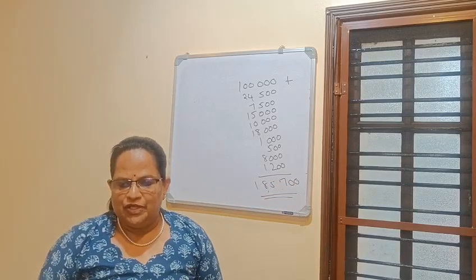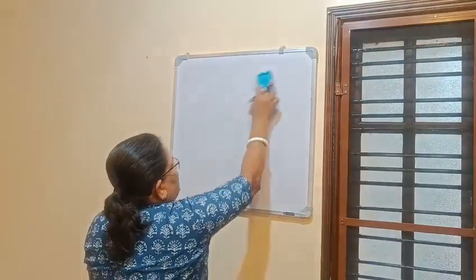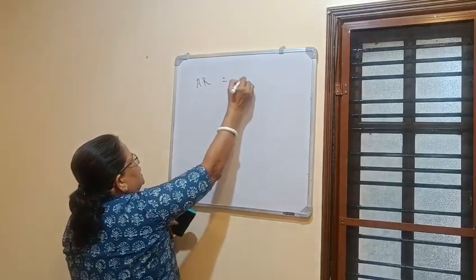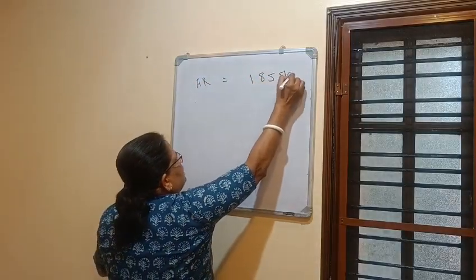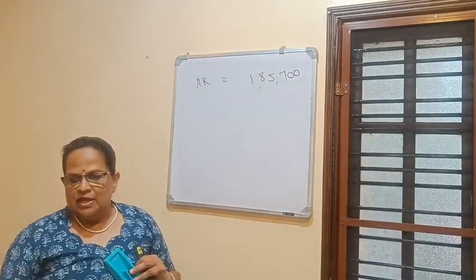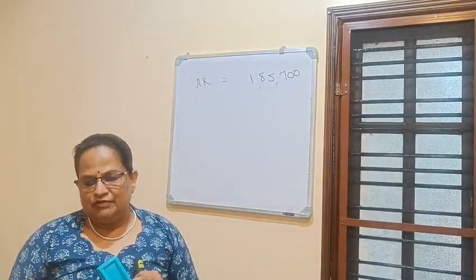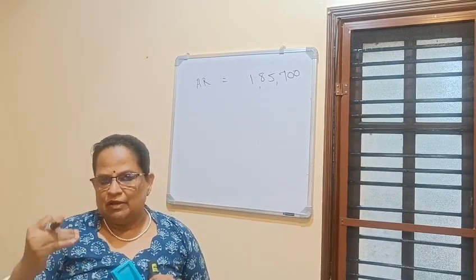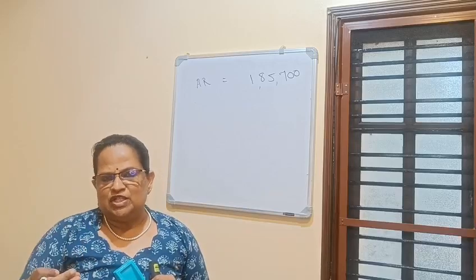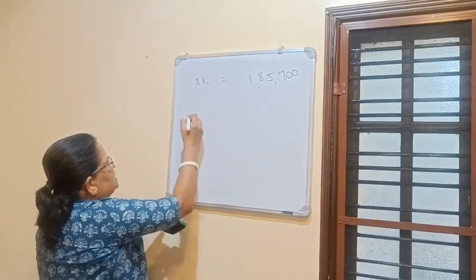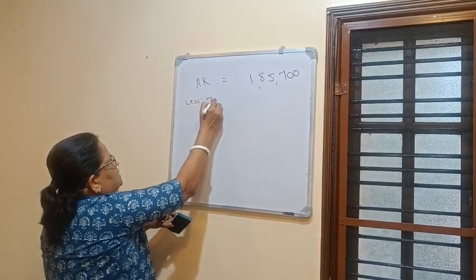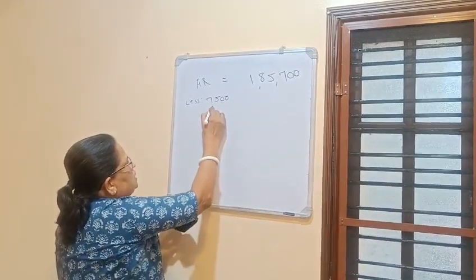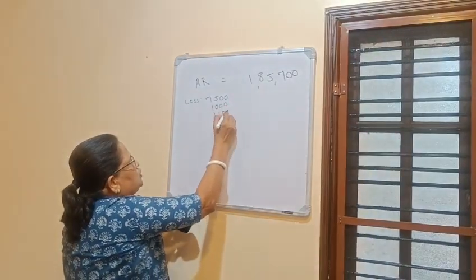Now we have to calculate the rent received from this property. So actual rent is 1,85,700. Next, the municipal value is given as 1,50,000. Whatever the cost of the facilities, common expenses, we can reduce. That is lift maintenance charges 7,500, salary to security staff 1,000 and salary of the gardener 1,200.